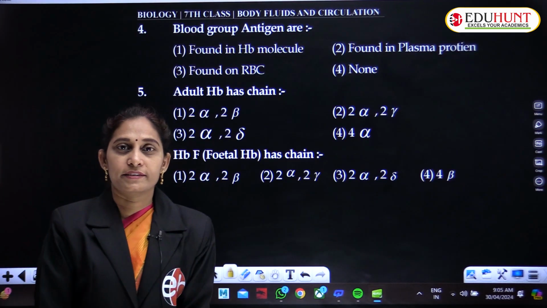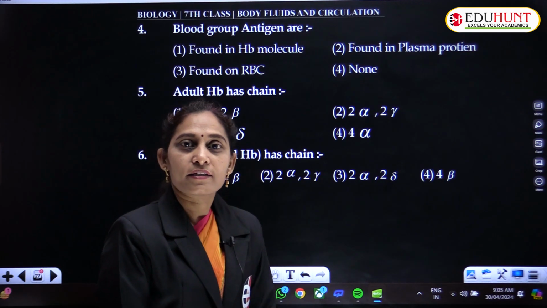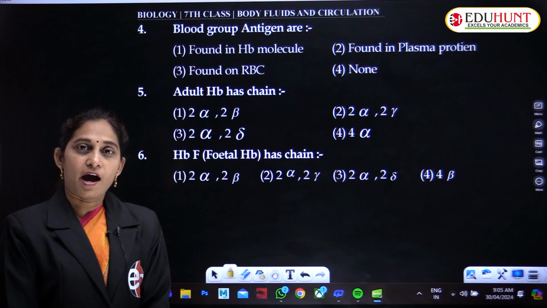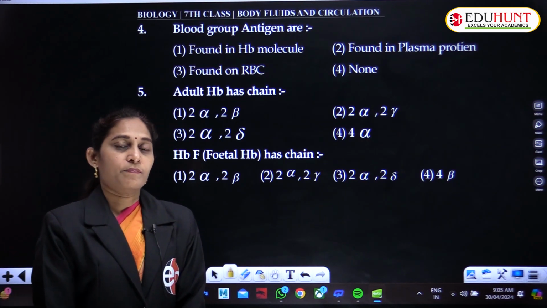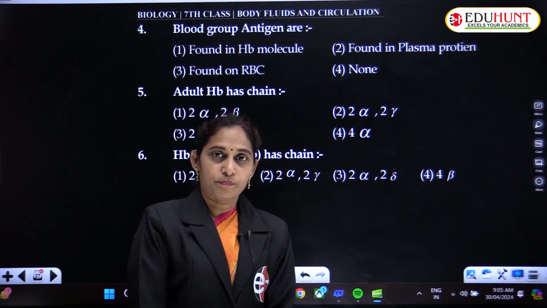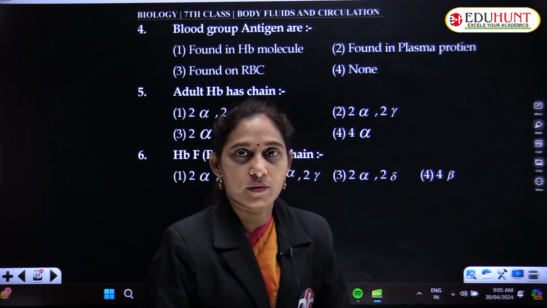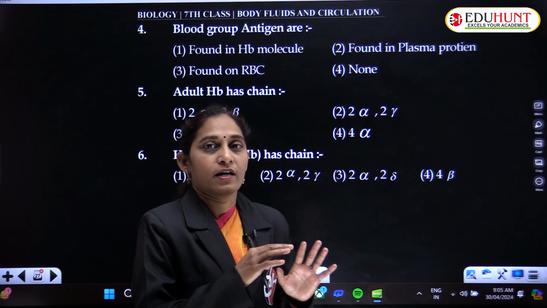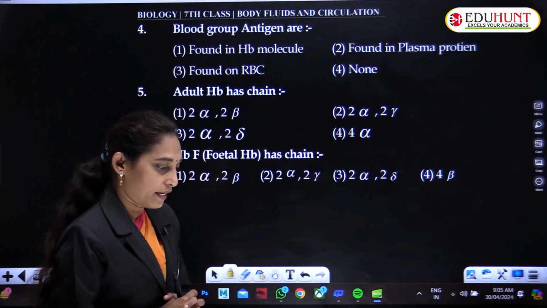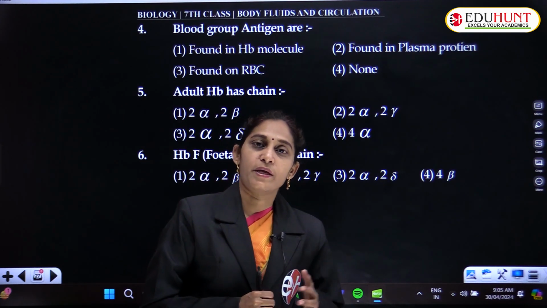Blood group antigens are, we know that we have different antigens on the surface of RBCs. Persons having A group have antigen A on the surface of RBC. Like that, B persons have B antigen.